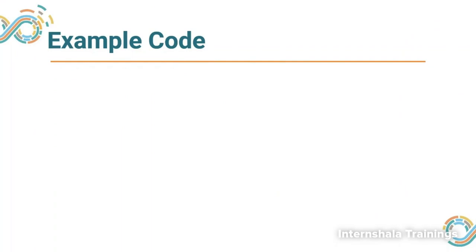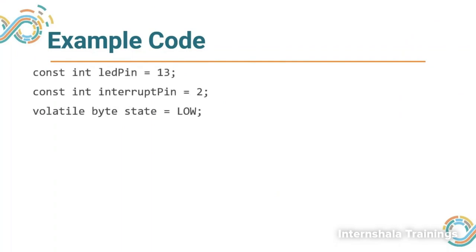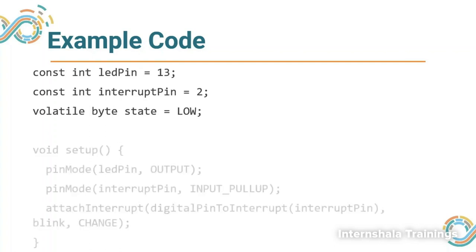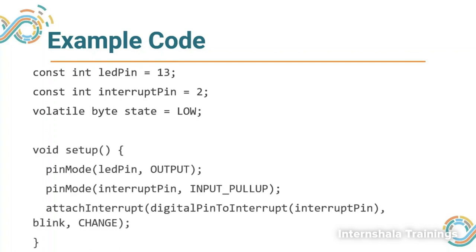So let us have a look at the sample code. This is not related to this project. So I have LED pin 13, interrupt pin is 2, and I have my current state of the system as low. So in the setup function I am saying LED pin is output pin, pin mode interrupt pin is input pin with a pull-up facility.